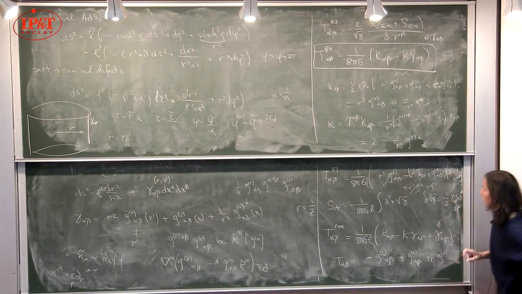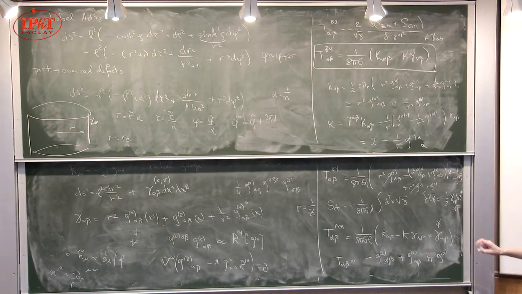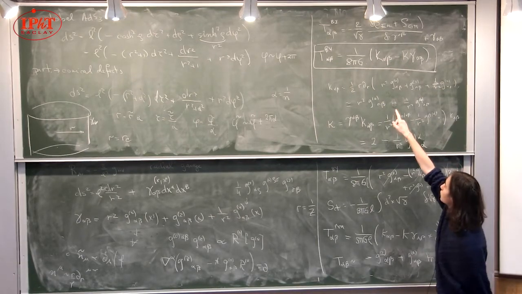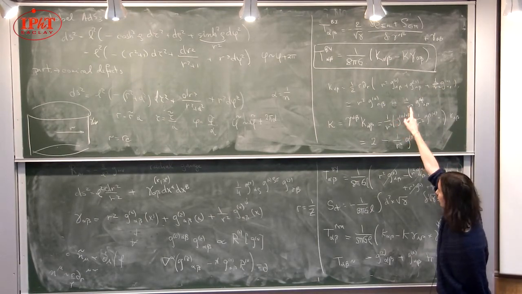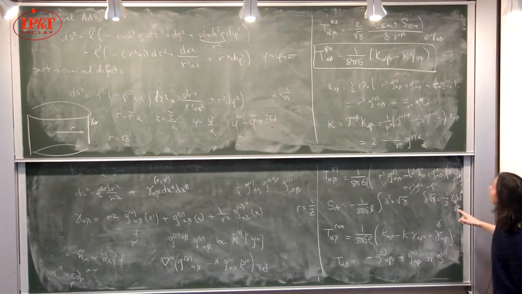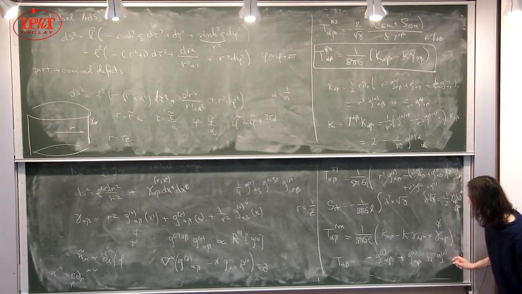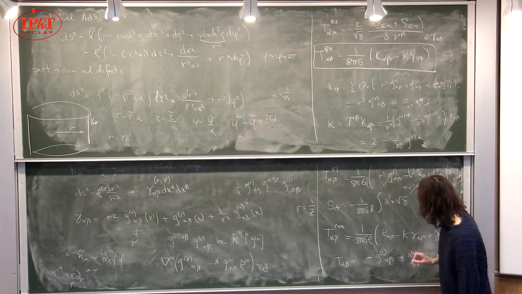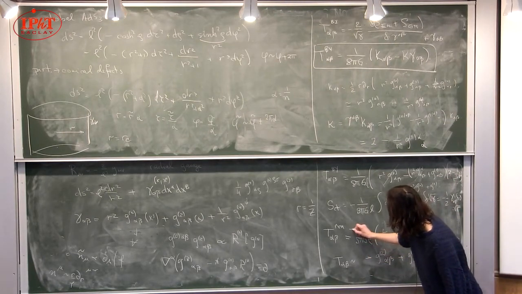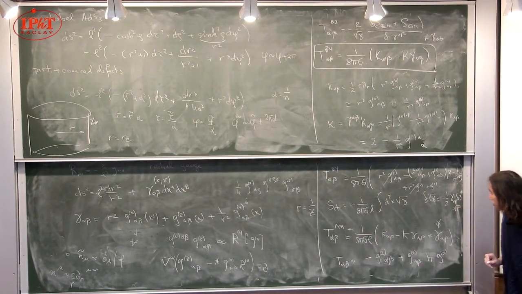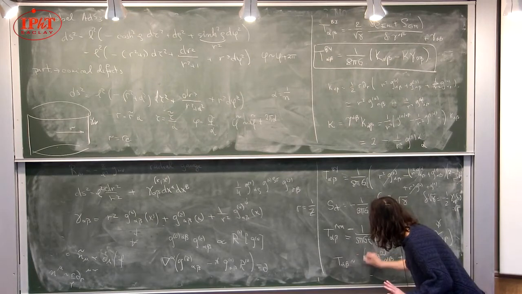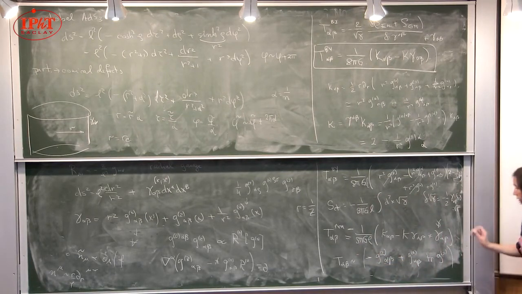So this probably fixes the signs. It also means that my Brown-York stress tensor differs by this expression by a minus sign, and then the counter term was correct. Because I'm supposed to get these things with a plus, there should be an overall minus sign. I'm sorry about this, but you get the idea.